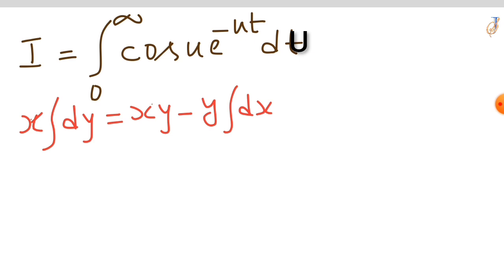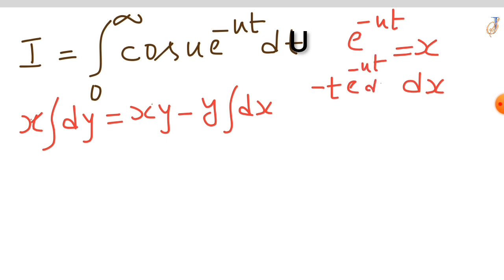Here we are considering e power minus ut as x. Then if you take the derivative, you will get dx as minus t e power minus ut du. So we are done with this e power minus ut.